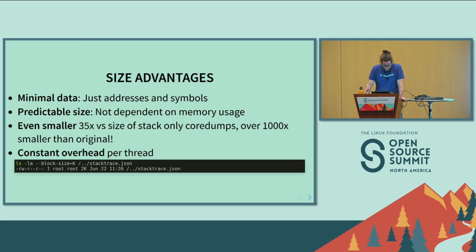It's 35 times smaller than the previous example and over 1,000 times smaller than the original. You're making some trade-offs, but at the end, you're getting the same stack trace information without having to take up a lot of size or really risk leaking any customer data.